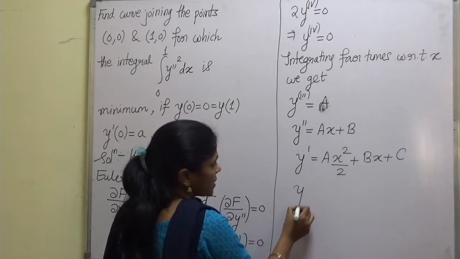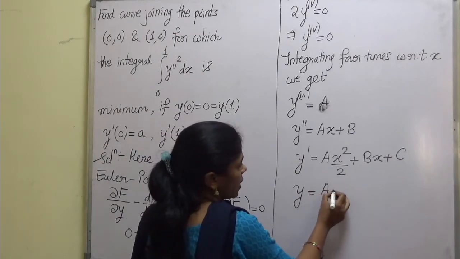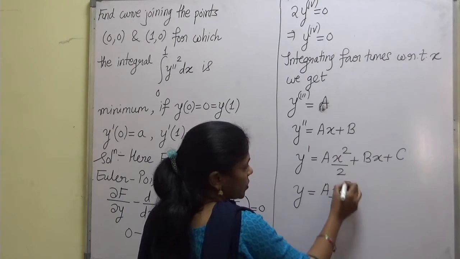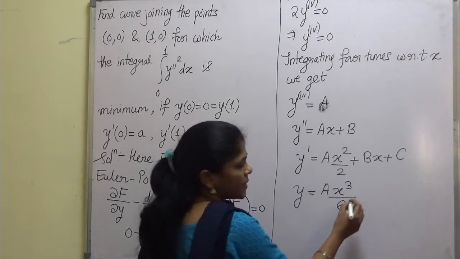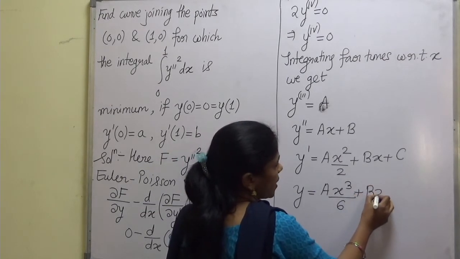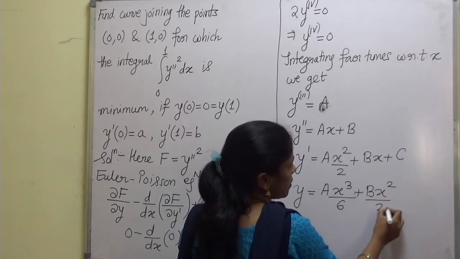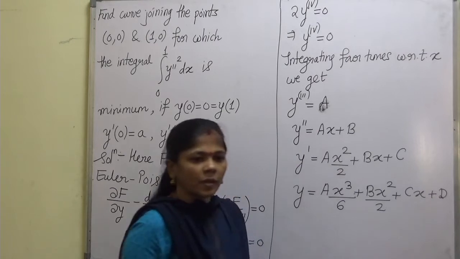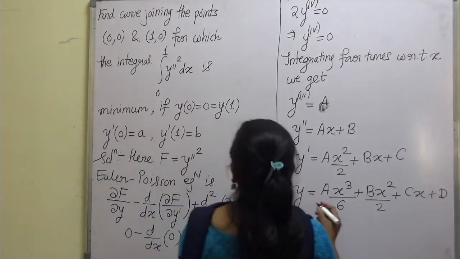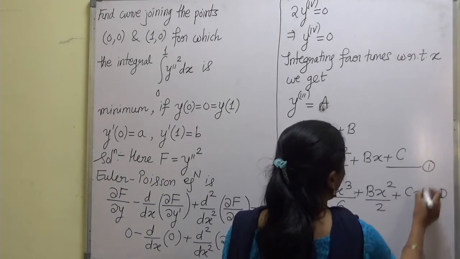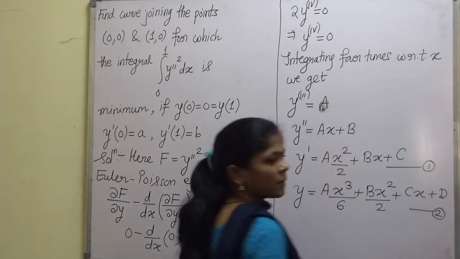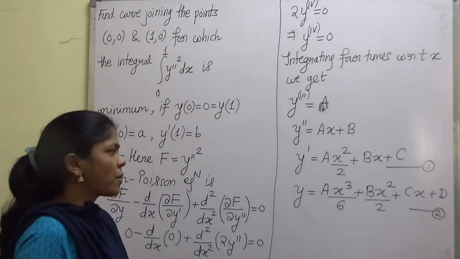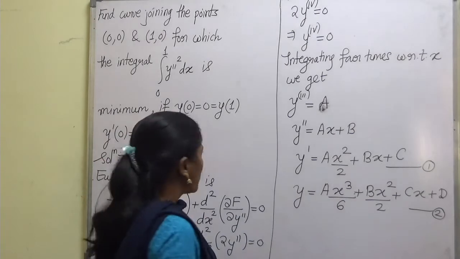Again integrating, we have y equal to a x cube by 6 plus b x square by 2 plus cx plus d. We need these two equations to get the values of the arbitrary constants a, b, c, d using the given conditions.